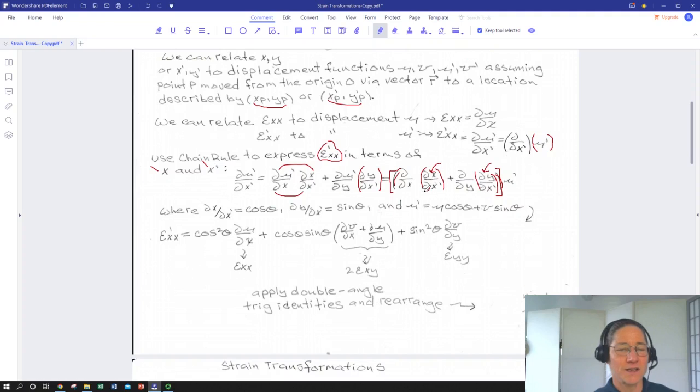So we can use geometry to relate the change in x with respect to x prime, which ends up being cosine theta, our rotation angle, and then the change in y with respect to x prime ends up being sine theta. So those we could just write as cosine theta, sine theta, dependent on a rotation angle, we're good.